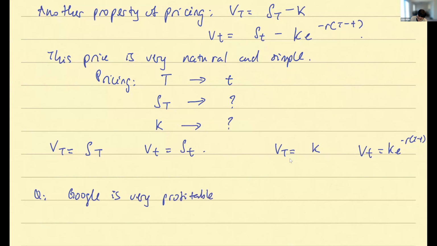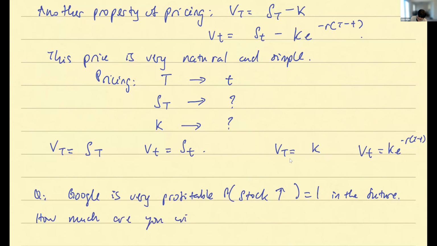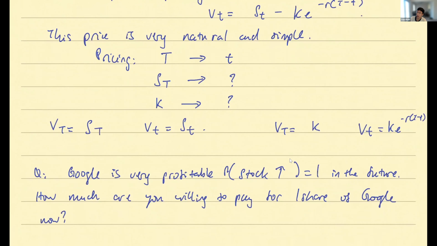And in fact, someone tells you that Google stock will definitely increase with probability 1 in the future. How much are you willing to pay for a share of Google now? For the sake of discussion, let's suppose that right now one share of Google is worth, let's say, $1,000.